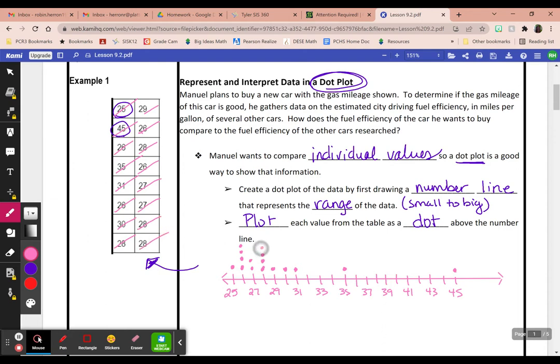And 28. Okay? And there you go. That's your dot plot.